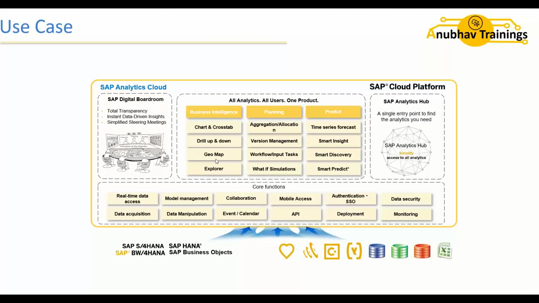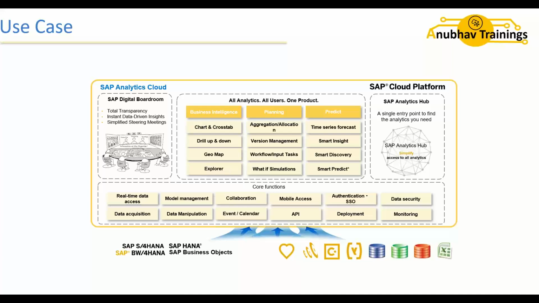So you can see the use case here. We have got the Analytics Cloud core function. On top, we have got the three verticals: BI, planning, and predict. Now imagine in your company you have 8 different departments and they're all using Analytics Cloud. They are all working on their small stories in their own world.